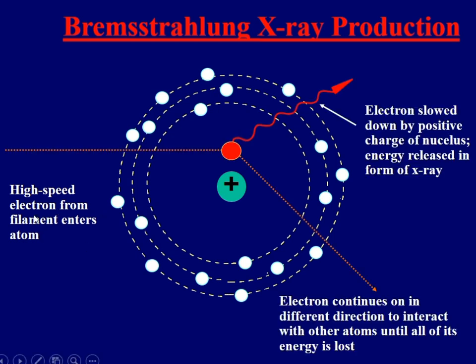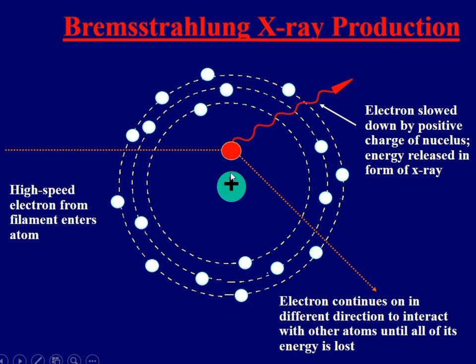What happens is a high speed electron from the filament enters the atom. So this is how a high speed electron enters an atom. Now it is nearer to the nucleus, and the nucleus is positively charged, and the electron is negatively charged. So there is some Coulomb interaction between both of them.